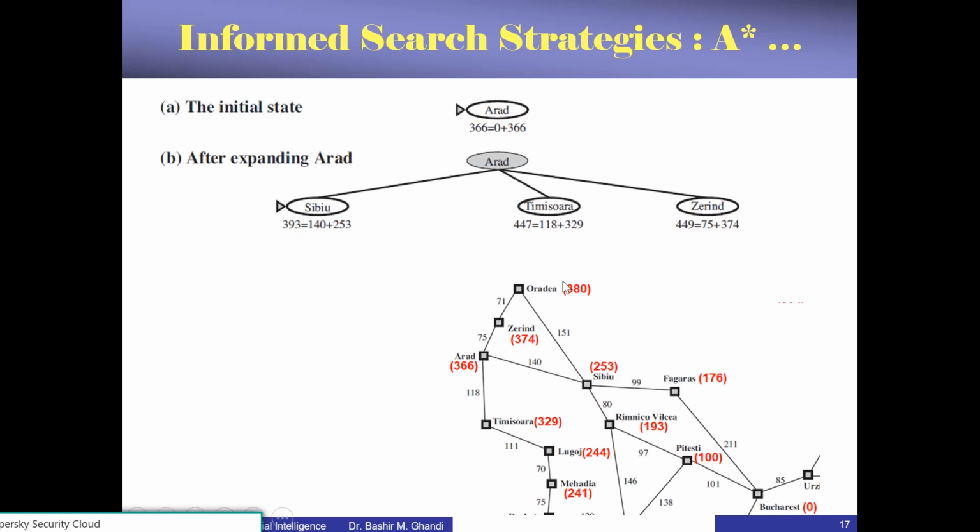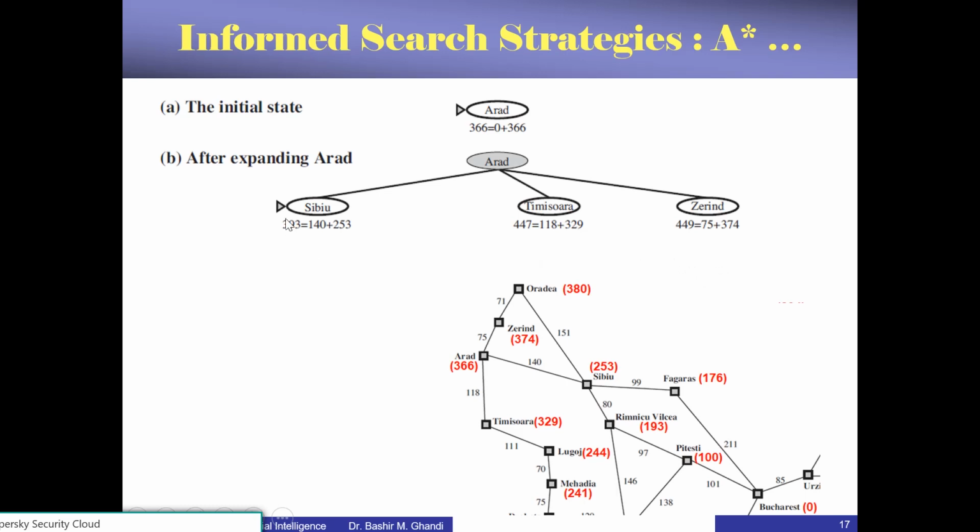Similarly for Timisoara, the cost from Arad to Timisoara is 118, plus the cost from Timisoara to Bucharest, which is an estimated value of 329. This is the straight line distance. That gives you 447. And similarly for Zerind, it will cost you 75 plus 374.